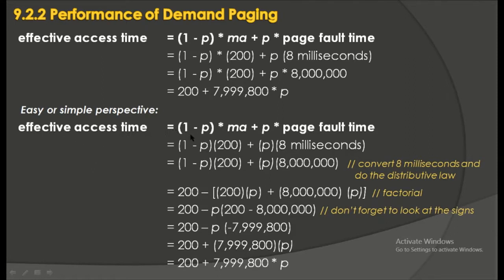Effective access time is equal to (1 minus p) times memory access time plus p times page fault time, where our page fault time is 8 milliseconds.